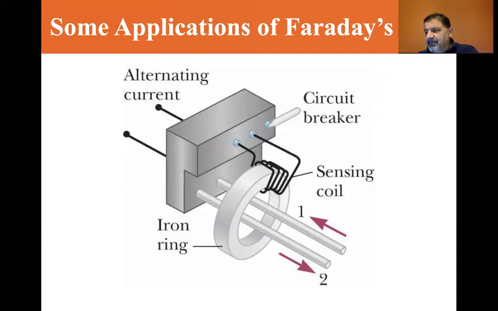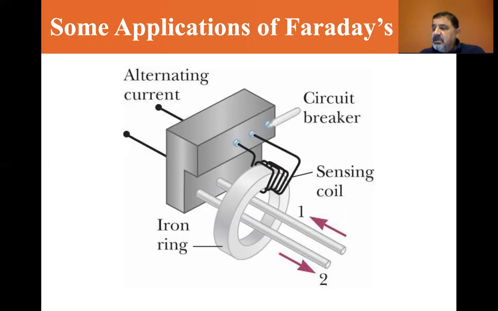This is a ground fault circuit interrupter, and as long as the currents 1 and 2, one going into the coil and 2 coming out of the coil, are balanced, they cancel each other.